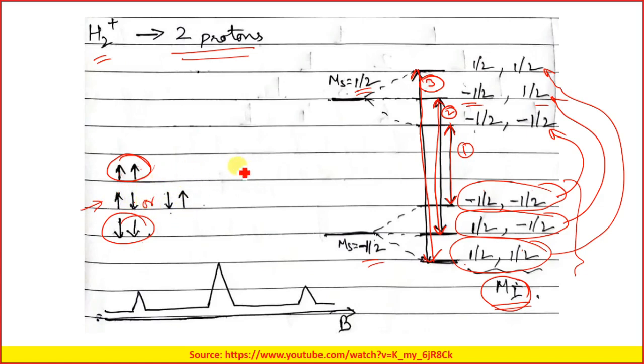So what is the ratio? 1:2:1. So the probability of occurrence over here is 1, over here the probability is 2, and over here the probability is again 1. So we will be getting 3 peaks, and they would be arranged along B0 with heights of 1, 2, and 1.